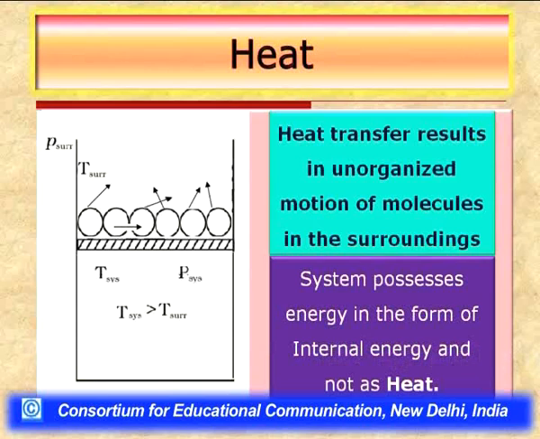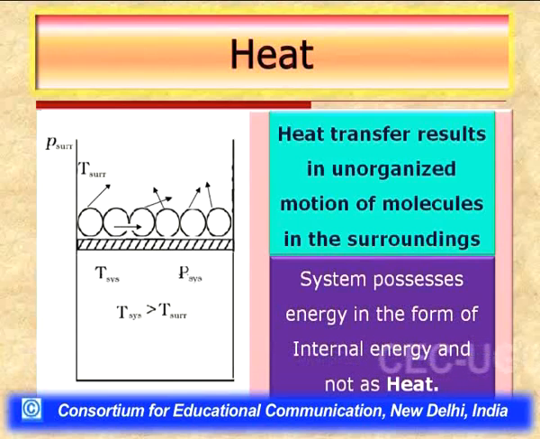Basically, when we supply heat, what does it mean? That there are molecules in the surroundings which are migrating, and when colliding with the walls of the system, they are transferring their momentum, by virtue of which they are transferring energy. So this is called heat.